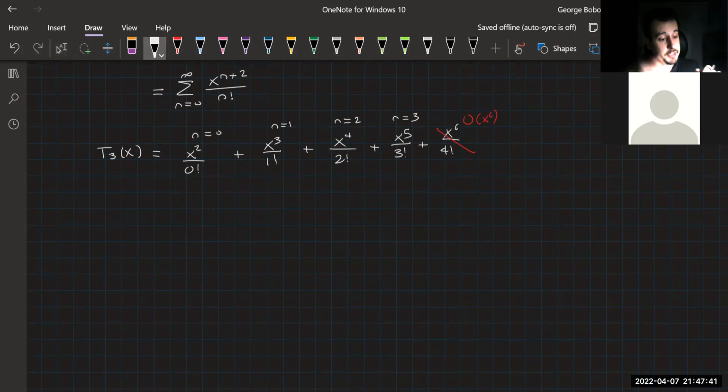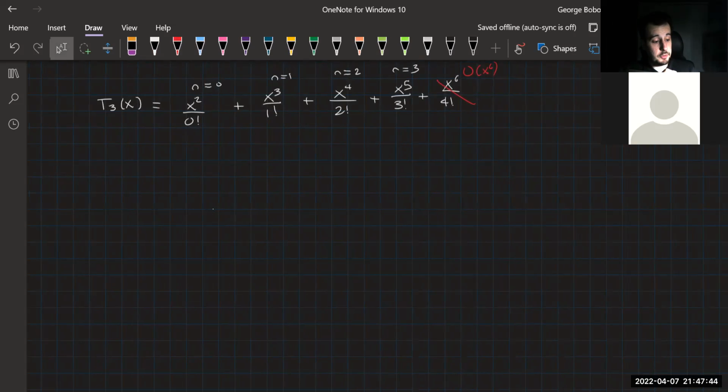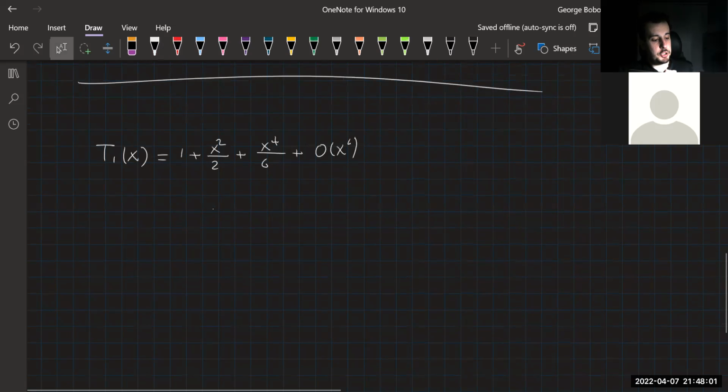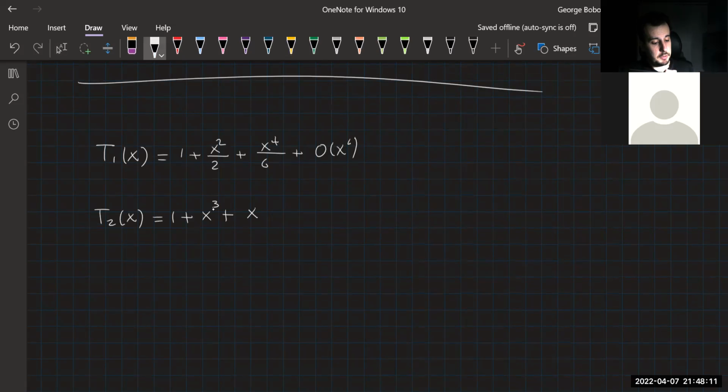Now, if you're tasked to multiply 2 Taylor series, let's say you've got another example. If you're tasked to multiply T1 of x, let's say it looks like this, plus other terms of x to the 6th, and you're tasked to multiply it by another one that looks like this, x to the 6 over 3 plus other terms of x to the 9.